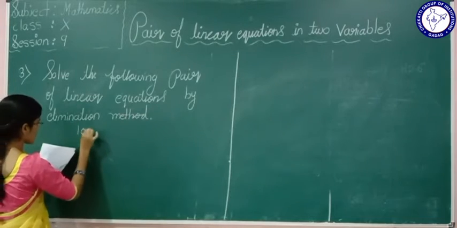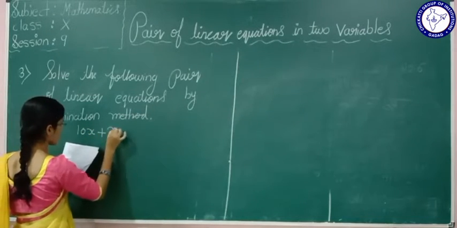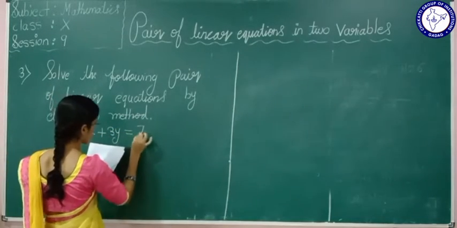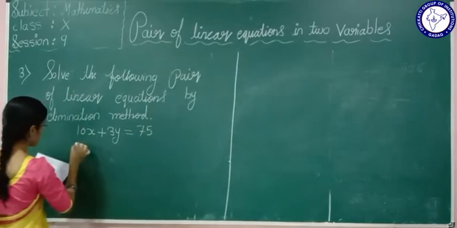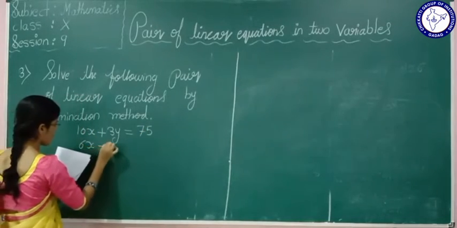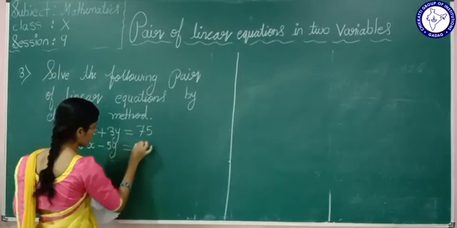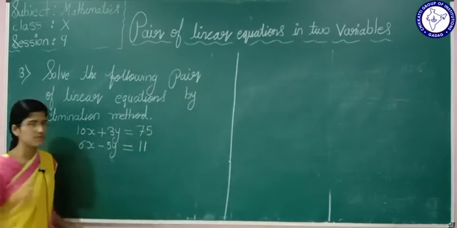First one is 10x plus 3y is equal to 75, and 6x minus 5y is equal to 11.